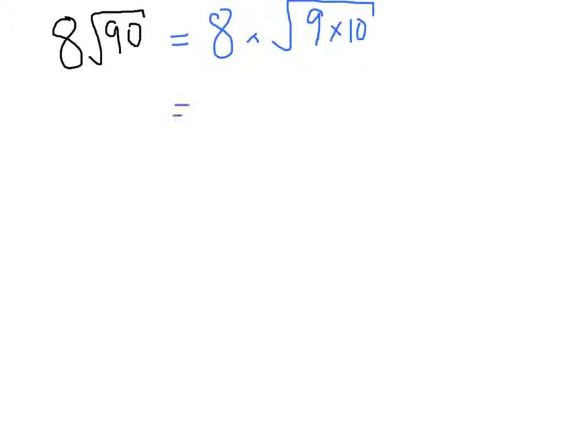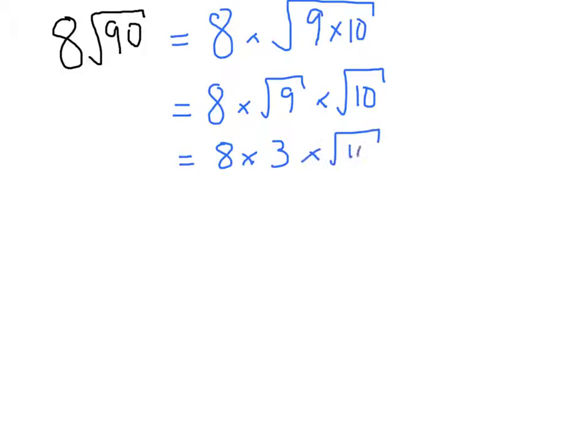So we can split that into 2, so we've got 8 times the square root of 9 times the square root of 10. The square root of 9 is just 3, so we've got 8 times 3 times the square root of 10, which is 24 times the square root of 10.